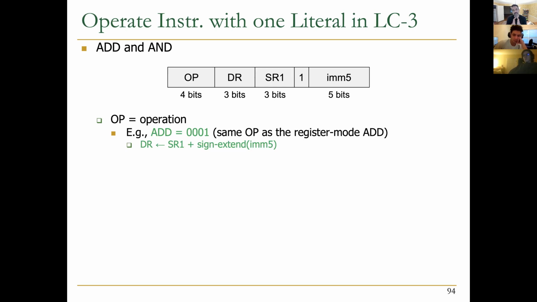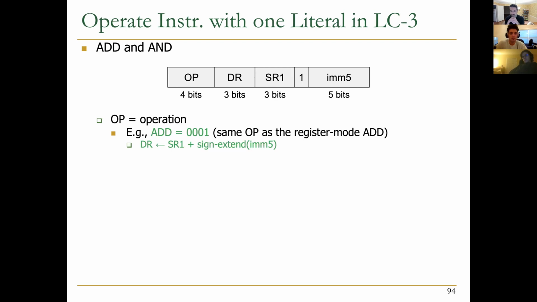So you cannot add it to SR1, because SR1 is 16 bits and the immediate is 5 bits. So you need to sign extend your immediate to 16 bits.